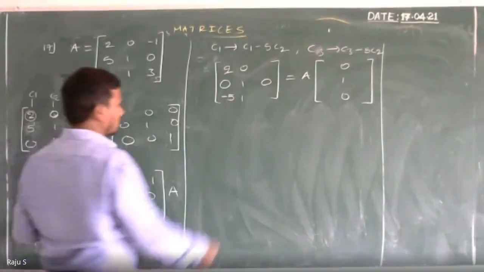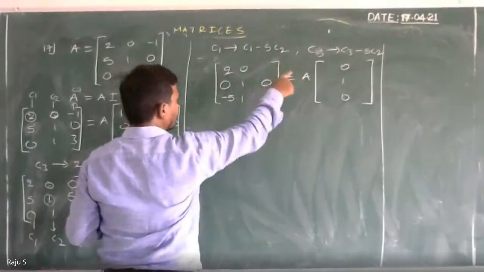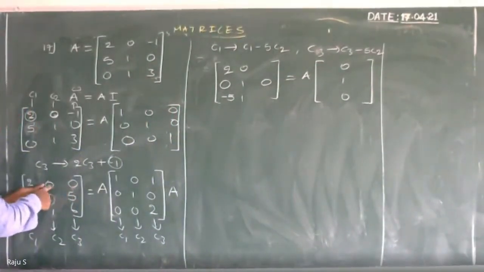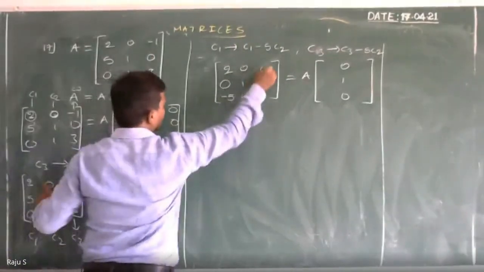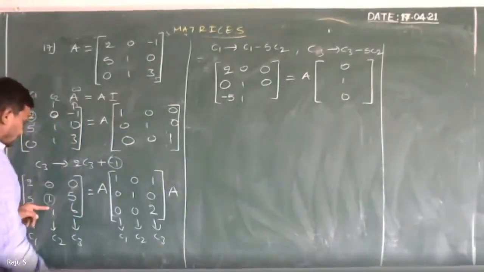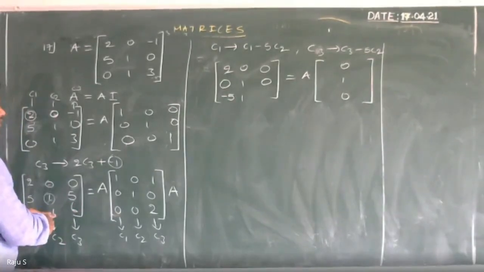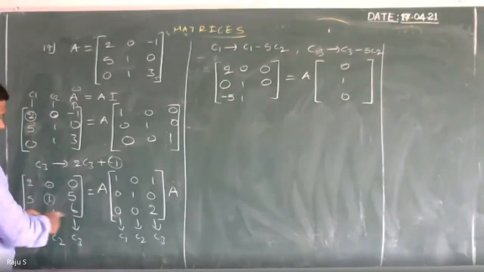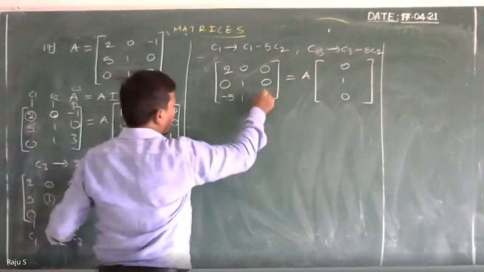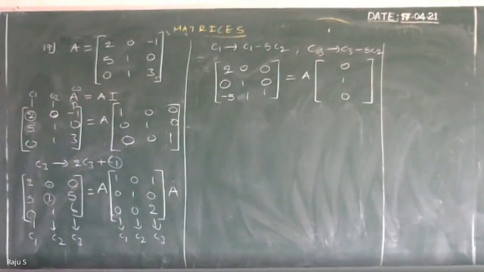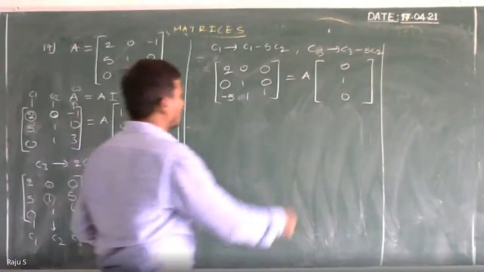Next, let's find two values. C3 minus 5C2. So this is clearly 0. And C3, 6 minus 5 into 1, 6 minus 5, 1. Is it clear? The same operation you can apply here.